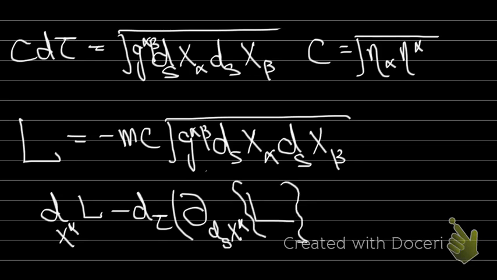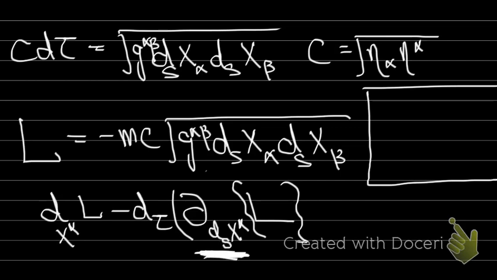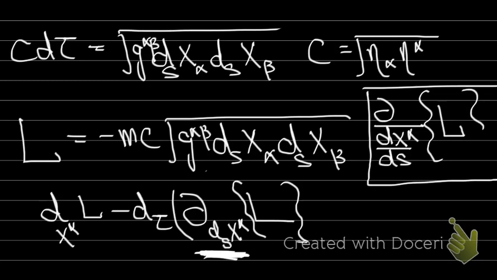So I hope you are getting this. What this term that I underlined means is nothing but the partial derivative with respect to the derivative with respect to s of x alpha, and this derivative is for L. Okay, so let's go ahead and write the Euler-Lagrange equation, which is then equal to 0.